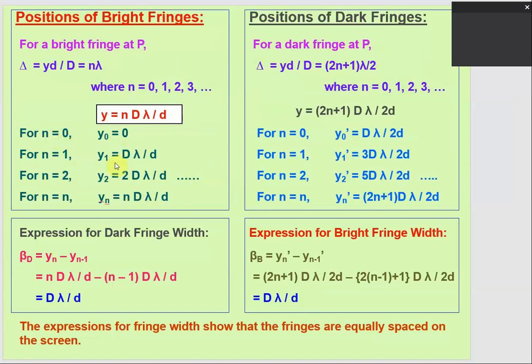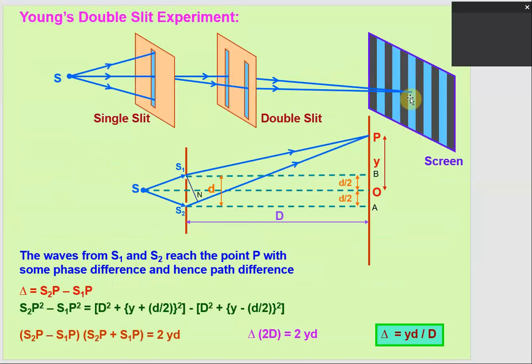Similarly, substituting n equal to 1, we get the first bright fringe which is on one side. Just as you can see in this diagram, this is the central bright fringe, then we have a dark fringe, then this is the first bright fringe on one side. This is the first bright fringe on the other side. This is the second bright fringe on the one side, and this is the second bright fringe on the other side. So we will get the bright fringes on both sides.